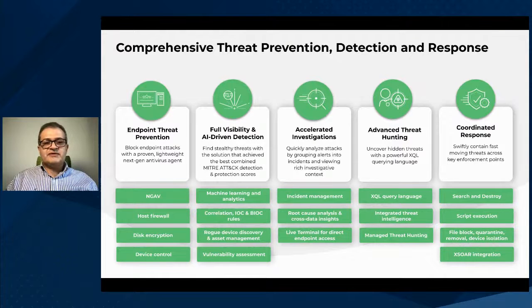There's always a chance of something going wrong. So we need to have a built-in mechanism of incident management, understand what is the root cause, and have direct access to that endpoint so that we can clean it up. In cases of threat hunting, if there are certain attacks that are global against a certain industry or a specific targeted attack, we need to be able to do some threat hunting within our network and accordingly respond.